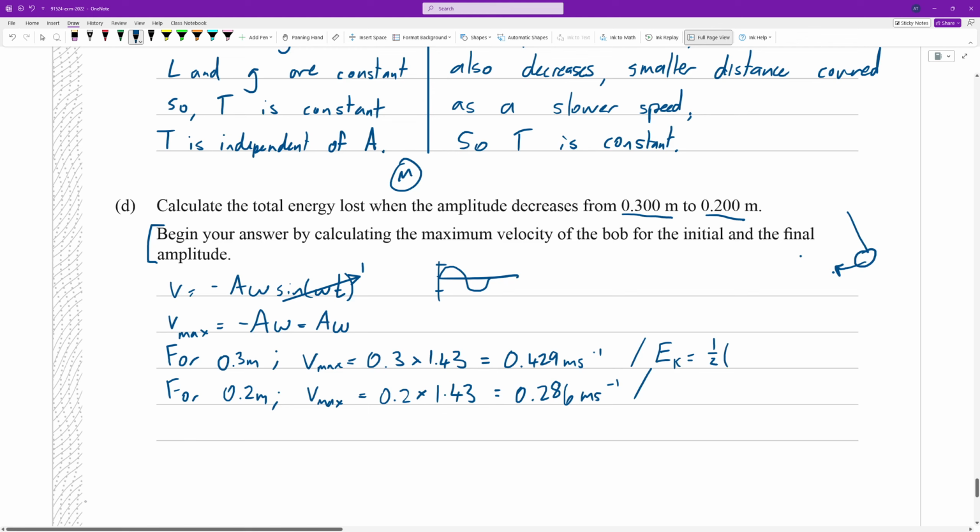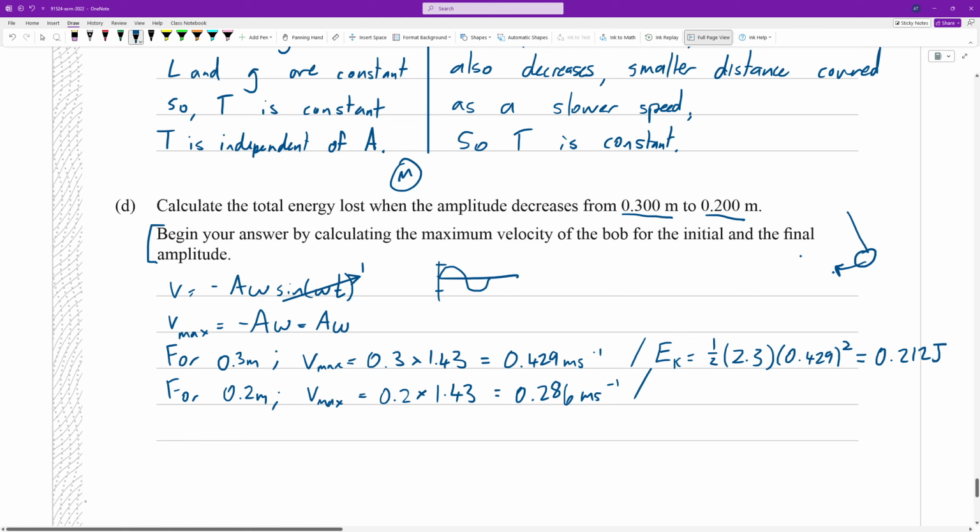Half times the mass, were we given the mass? 2.3 kg? Yep. Half times the mass times the speed squared. And that gives 0.212 joules for energy.